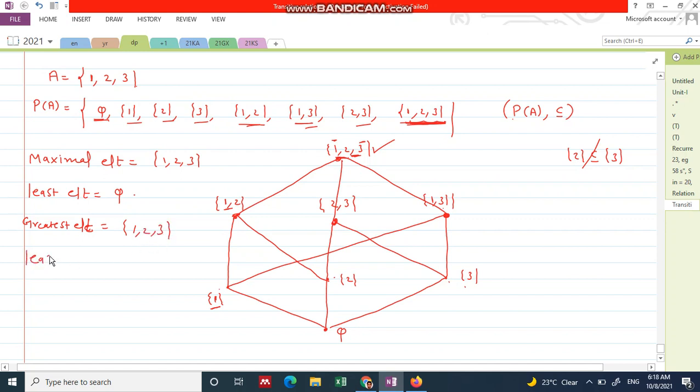And as the least element we have phi, because phi is in relation with every other element: phi is a subset of this, phi is a subset of this, phi is a subset of every set. Therefore phi is the least element.